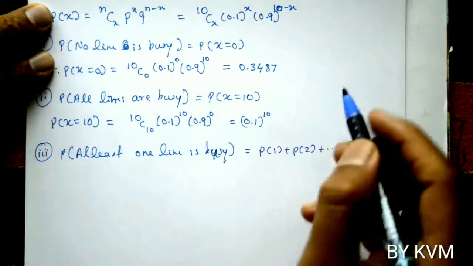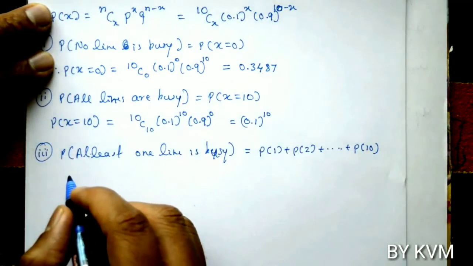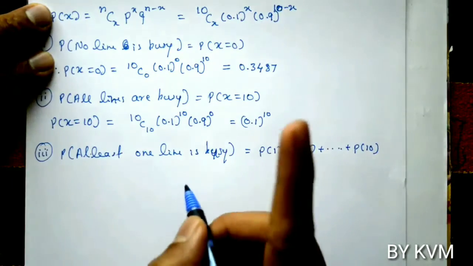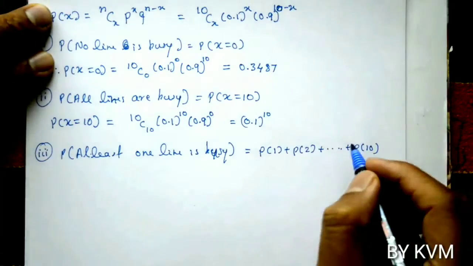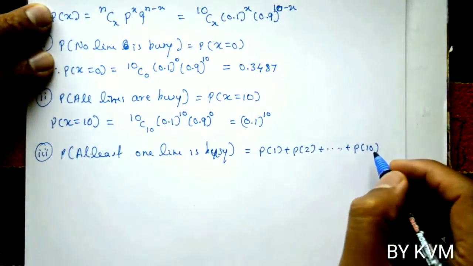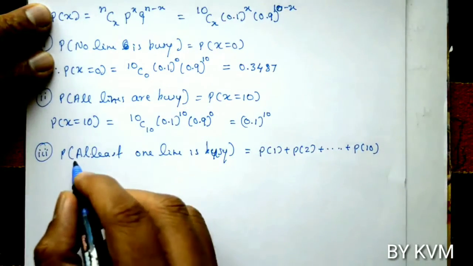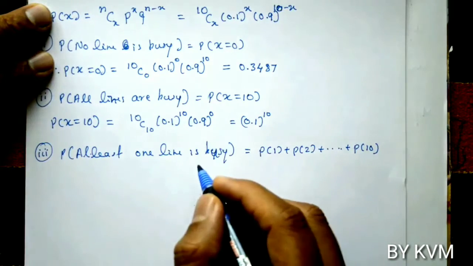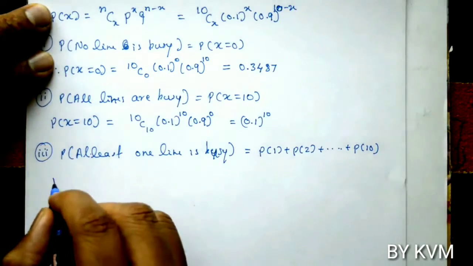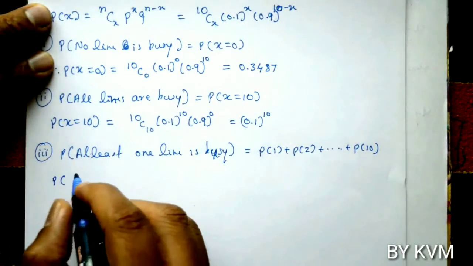If you calculate these probabilities, it will become very lengthy. So instead of that we take its complement, which is 1 minus probability of 0.